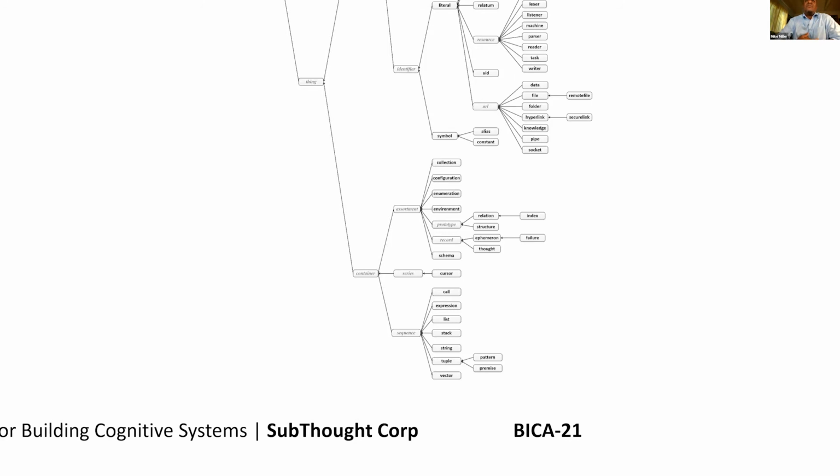We have relations and structures, which are record types, and ephemerons and thoughts. A thought is a persisted record, and an ephemeron is an unpersisted record. And we have schemas, which correspond to a dictionary.